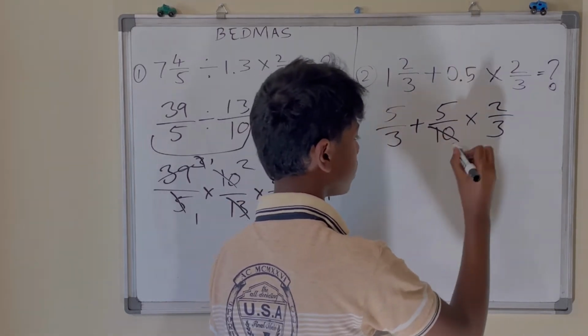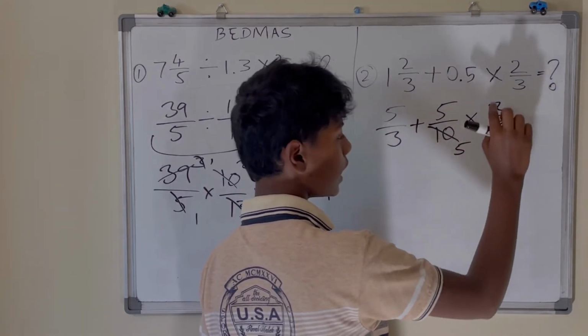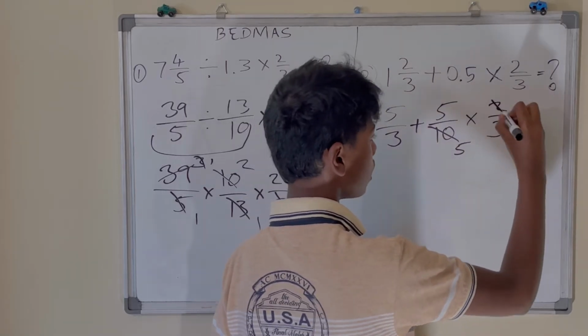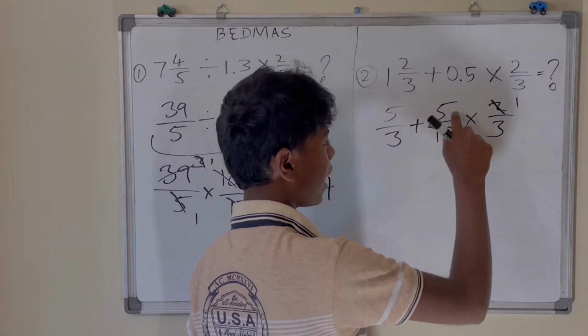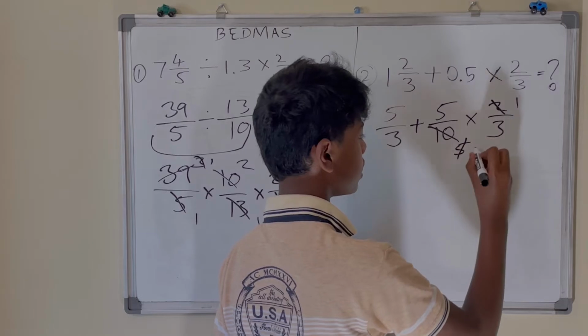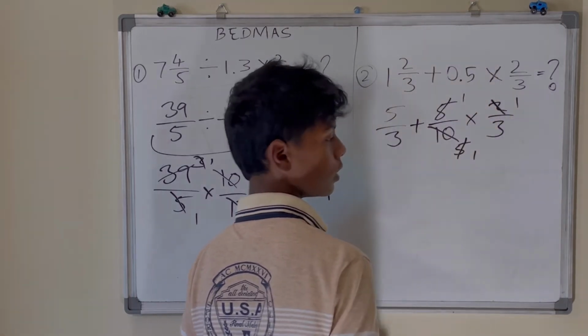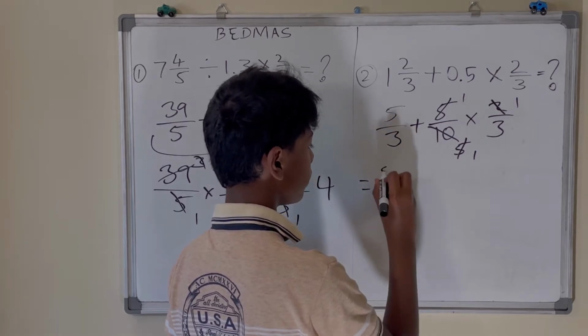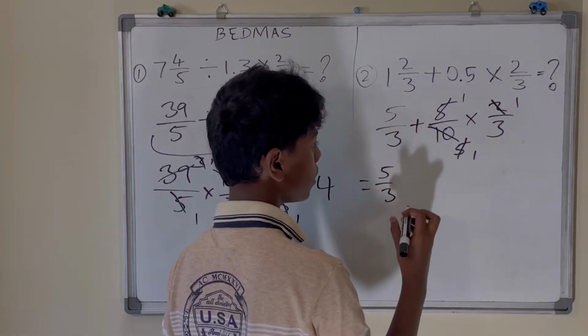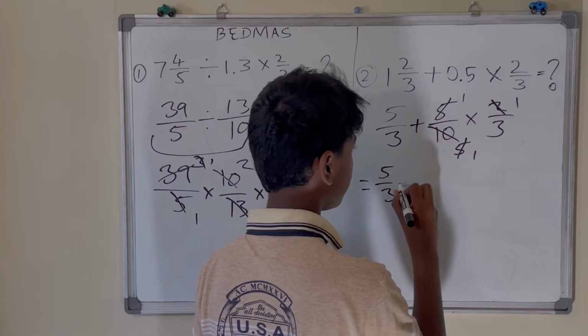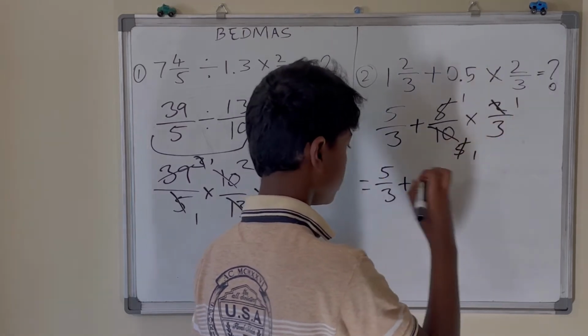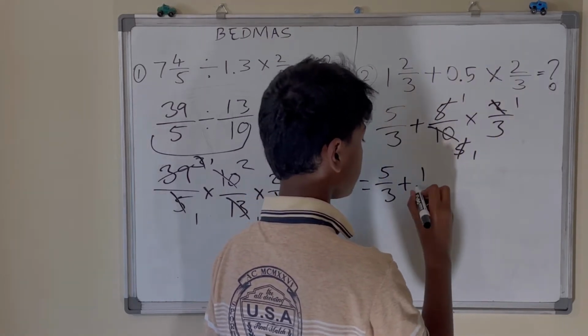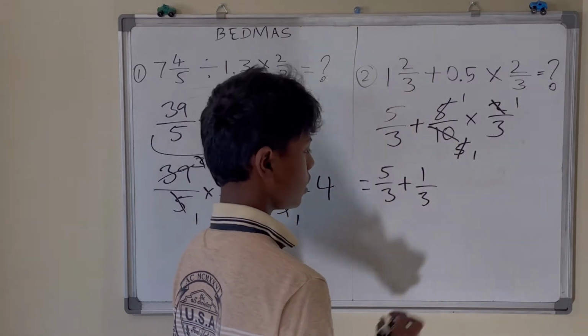I'm going to cancel out 10 to 5, and then I'm going to cancel out 2 as 1. And we have 5 and 5 here, so we can just cancel them out as 1 and 1. So here, let's rewrite this. So equals 5 over 3, and then plus, so 1 times 1 is 1, 1 times 3 is 3, 1/3.